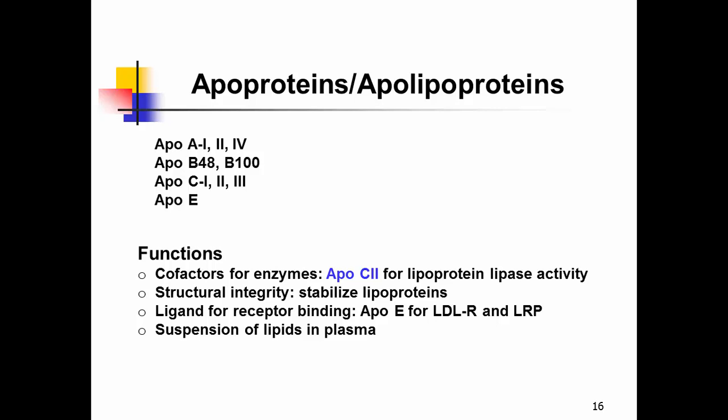And also, other apoproteins like ApoE or ApoB100 are the ligands for the LDL receptors. The LDL receptor is on the surface of peripheral cells and helps recognize and pick up LDL. So the LDL receptor is critical for uptake of LDL into the cells.